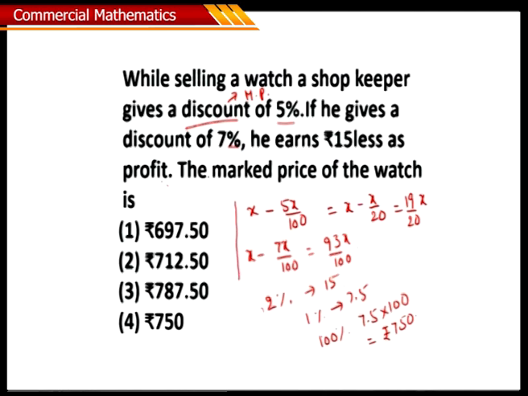Instead, like the previous problem, take the difference between 7% and 5%, which is 2. At that time the profit is 15 rupees less. So 2% gives 15 rupees less, means 1% will give 7.5. So 100% means 750. That's how you can see that the market price of the watch is 750 rupees.